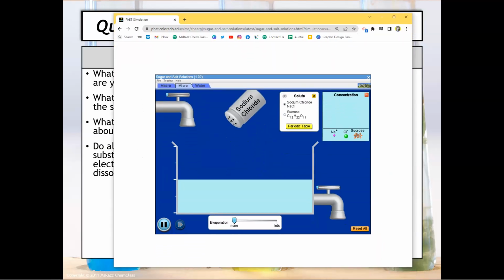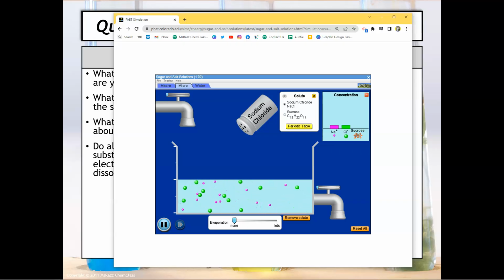Okay, so what I'm going to do is I'm going to first add the sodium chloride. So I'm going to just add it. Okay, so notice it looks like it was a solid. We knew in the previous tab that it was a solid, and it looks like now these particles are breaking apart from each other.